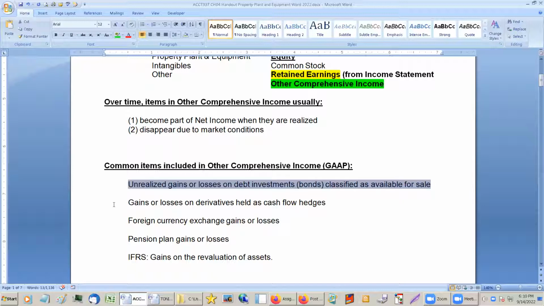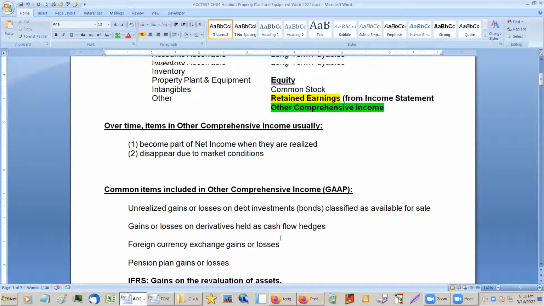It's pretty specific. Gains and loss on cash flow hedges. Okay, it's kind of weird. Foreign exchange gains and losses, which we'll do here later. Pension gains and losses, those can be huge dollar amounts and they can fluctuate quite a bit. And under IFRS, the revaluation of assets, which we're going to talk about.